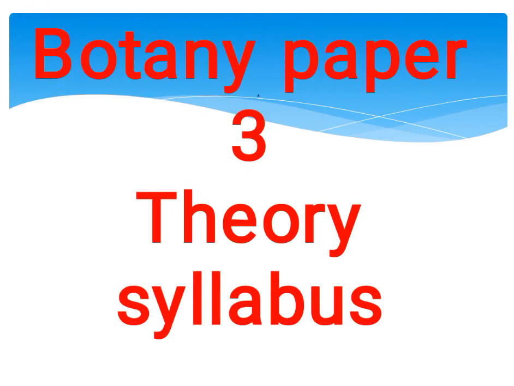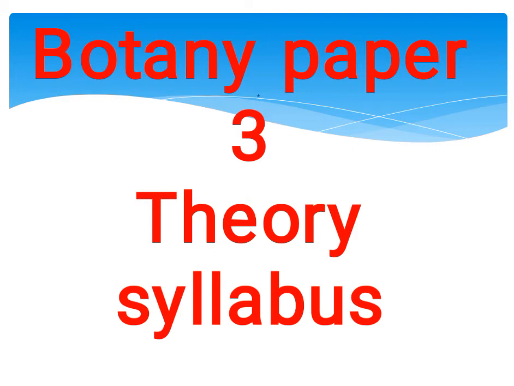Moving further with Botany Paper 3 theory syllabus. There are 4 units in each paper, and for Botany 3 there will be unit 1, unit 2, unit 3 and unit 4. Before proceeding further with details about syllabus, I would like to tell you about course outcome or learning outcomes.